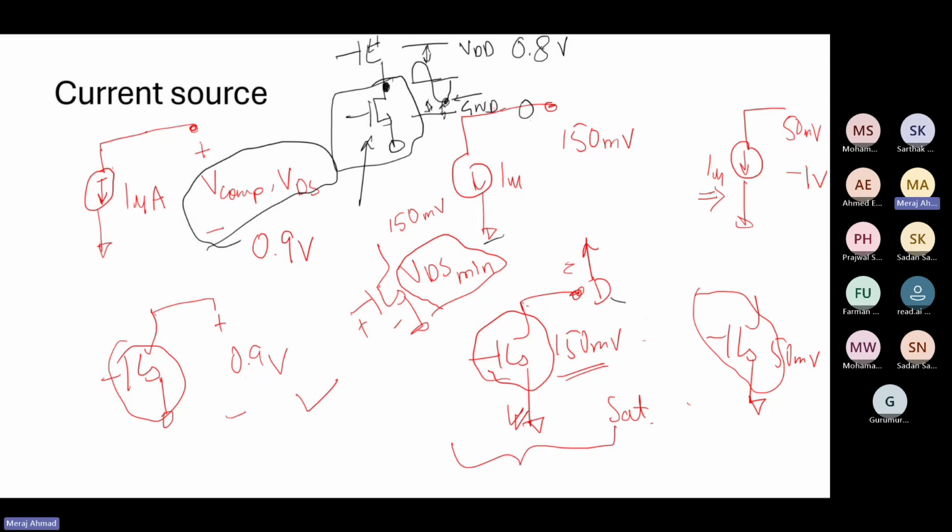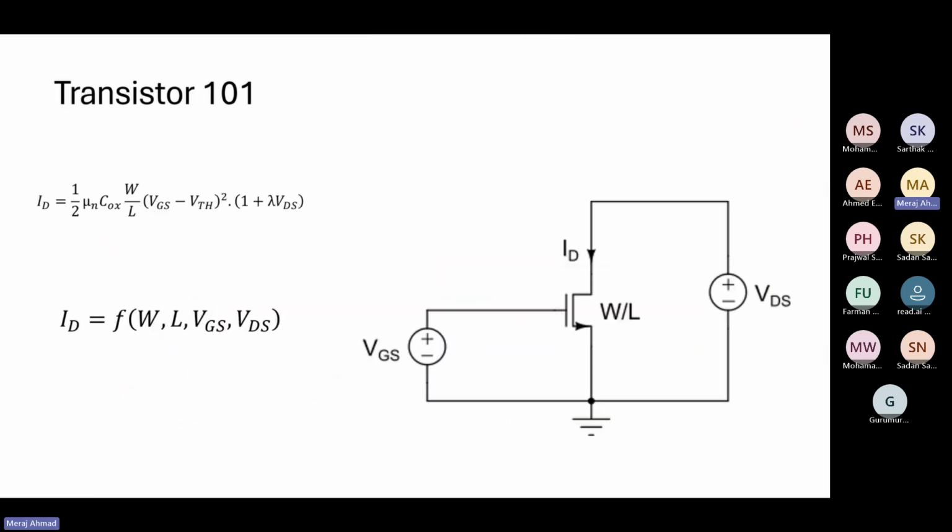Now the total voltage drop is 0.8, and if you need a swing of 0.6, then you will only have 100 millivolt here and 100 millivolt. So your current source should work at 100 millivolt, and if you are constrained, sometimes you need to go below 100. This is not a spec as such, but from swing you can come to this point. Now this was just from the point of view of VDS.